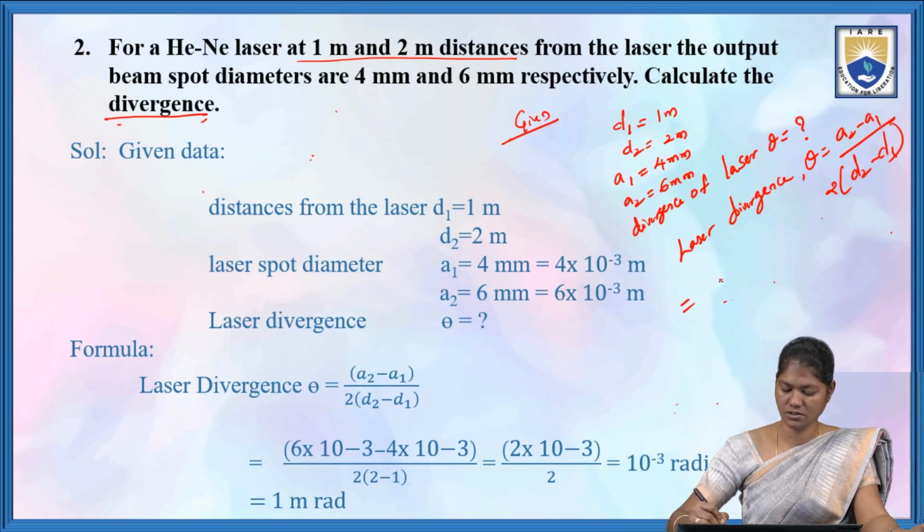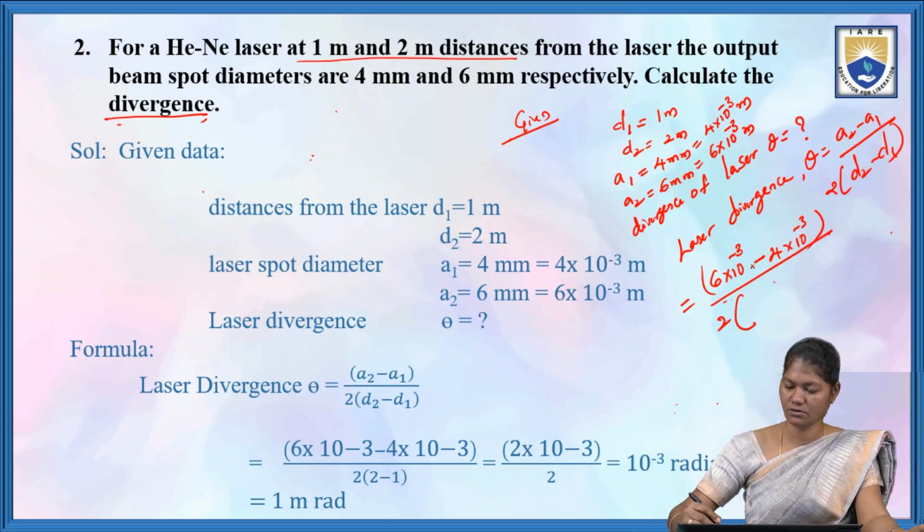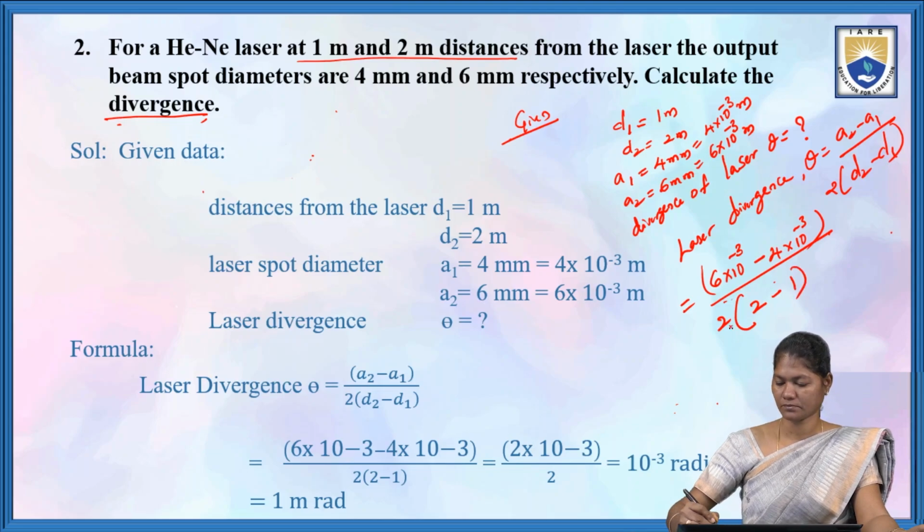So A2 is 6, converting to meters, 6 into 10 power minus 3 meters. Similarly A1 is 4 into 10 power minus 3 meters. So 6 into 10 power minus 3 minus 4 into 10 power minus 3, divided by 2 into D2, which is 2 meters, minus D1, which is 1.